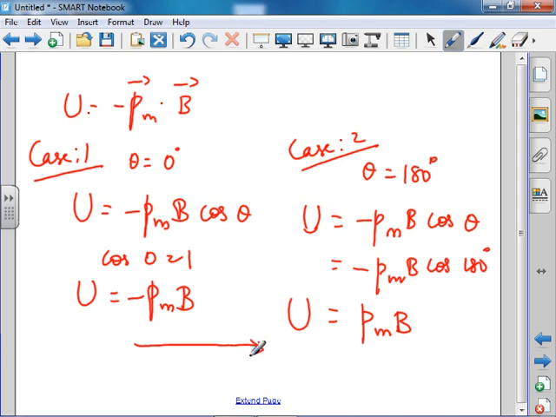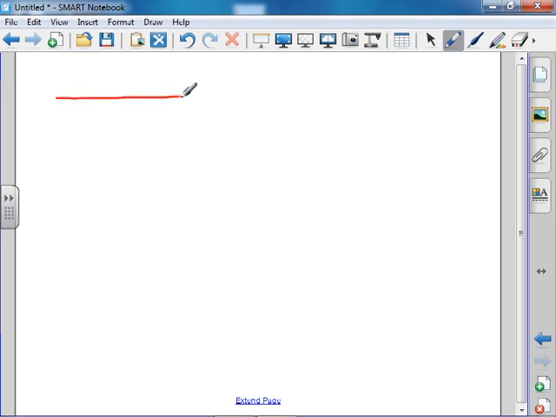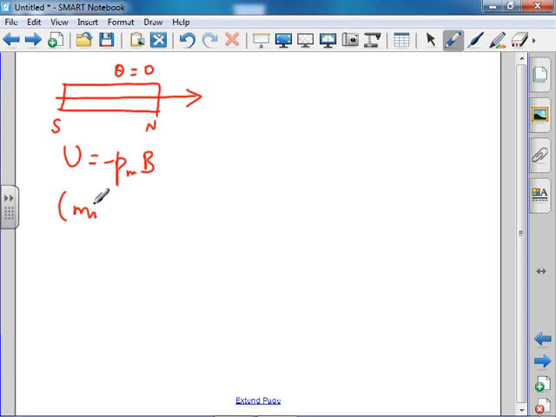When the magnetic field is in this direction and the magnet is aligned along this direction, with this as north pole and this as south pole, theta is equal to 0. Then the potential energy is negative. It is minus pmb, that is minimum.